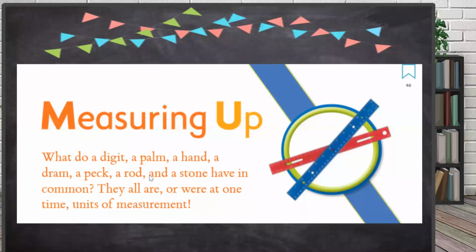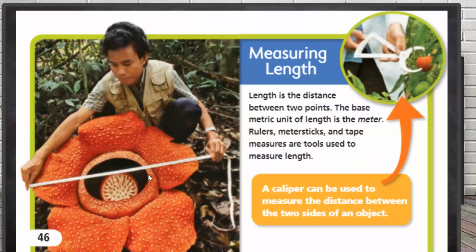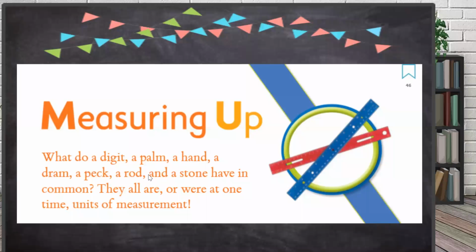Good. Measuring up. We need to use tools to measure, measuring using numbers. We need maybe to measure the length, the depth, the height, the volume, the mass. All these also need tools. A digit, a palm, a hand, a pace, a rod, and a stone have in common that they all are or were at one time units of measurement.